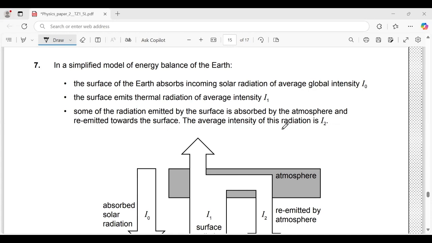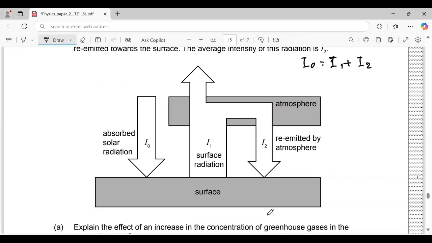The average intensity of this radiation is I2. It means I1 is I0 plus I2.